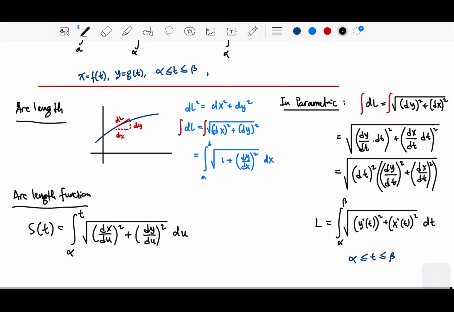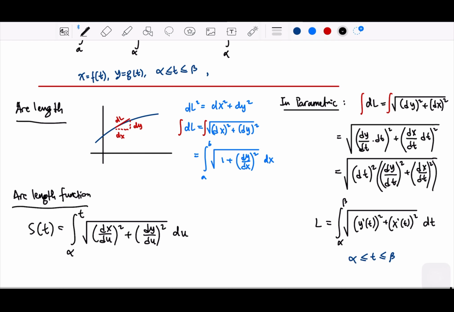This is just to help you integrate, because technically you could take this with dt, but you will have a problem when you deal with another t here, and you will be confused about the definition of the variable. So you need to add another variable. Why do we need to add it? That's the question, right? Why are there so many variables?